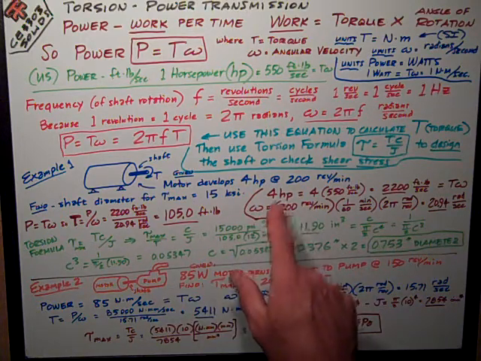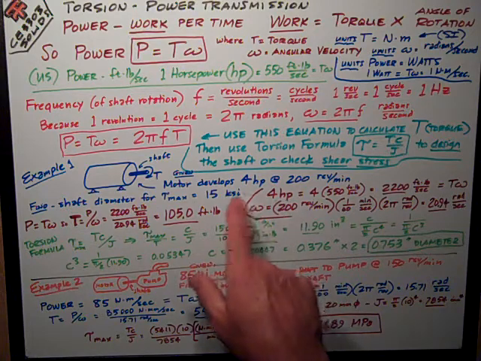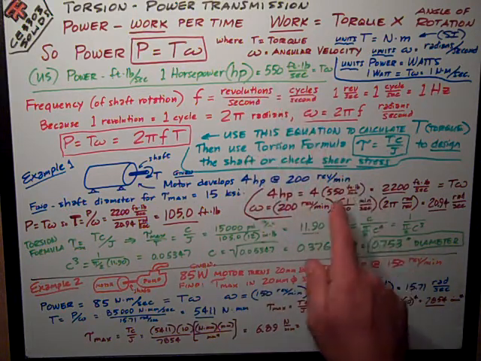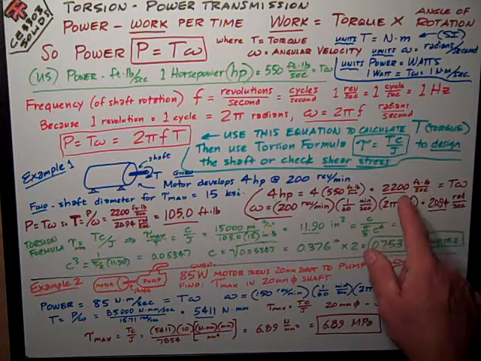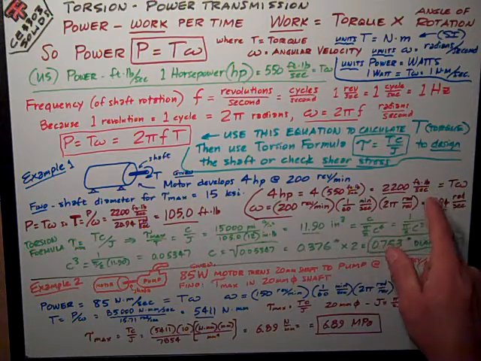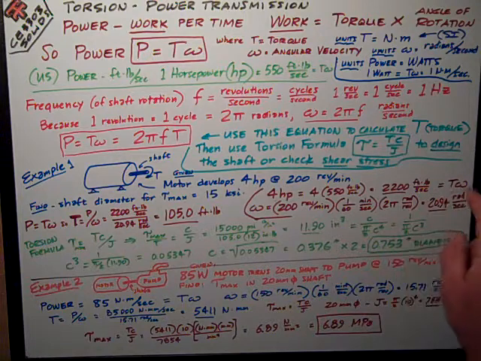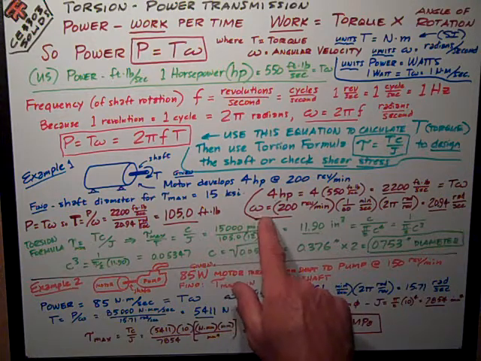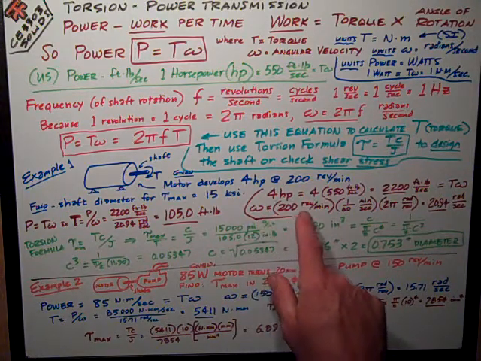So the first thing I look at is power is 4 horsepower, so that's 4 times 550, this number up here, foot-pounds per second. So I get 2200 foot-pounds per second. That's equal to the power, which is T, torque, times the angular velocity. Angular velocity is 200 revolutions per minute.